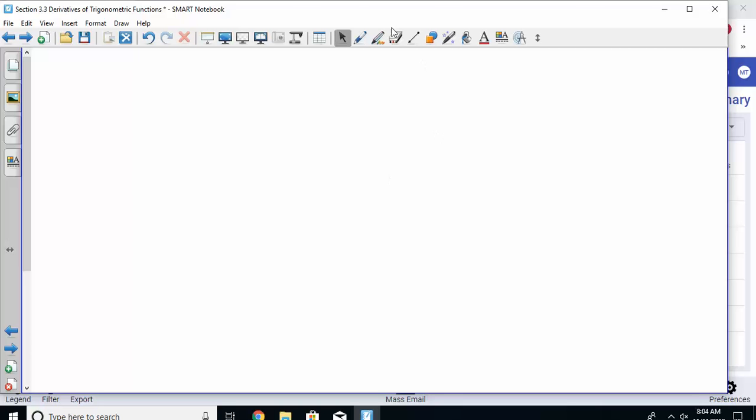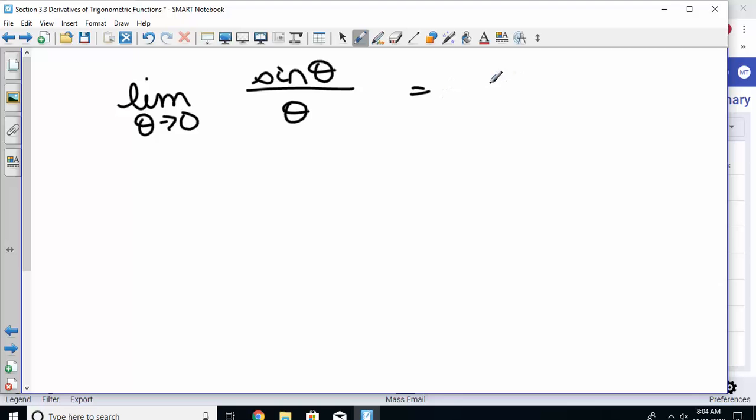We can extend this. We have the limit as theta approaches 0 of sine theta over theta equals what? It is also true that the limit of, let me say f of x. Maybe we have some expression, like a 3x or a 7x.